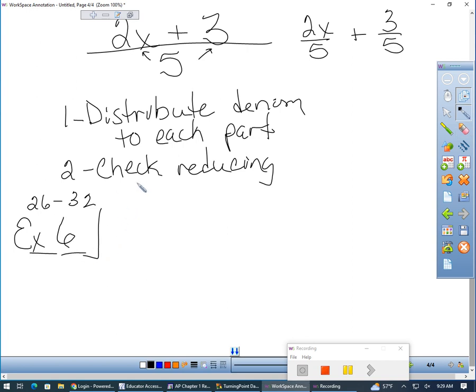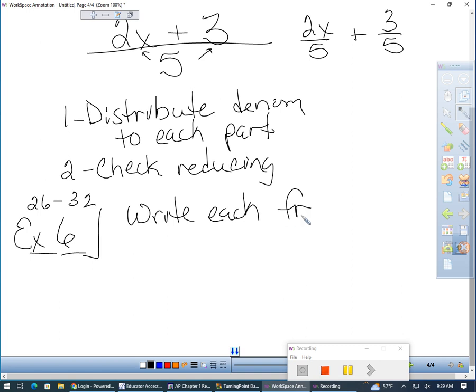So the directions in the section say to write each fraction as a sum or difference.